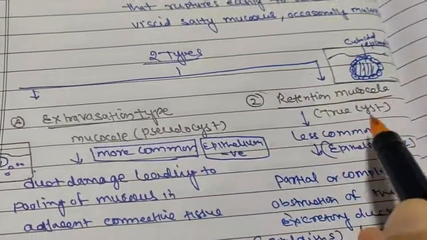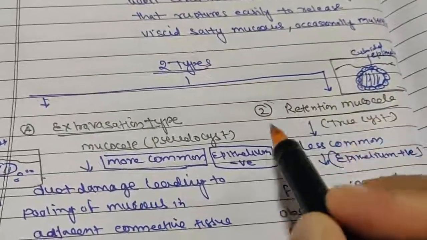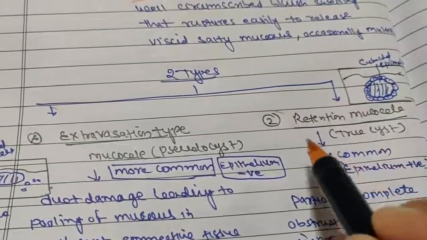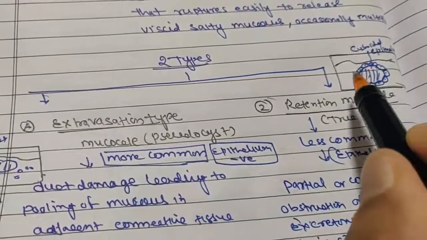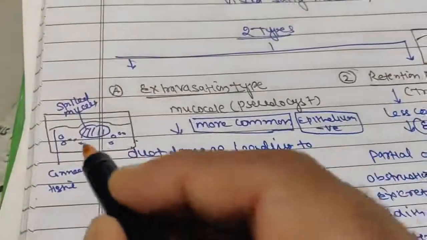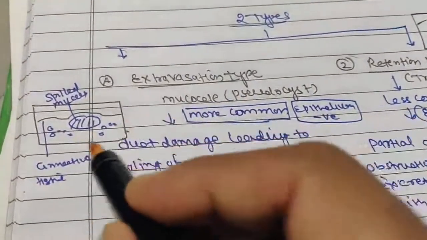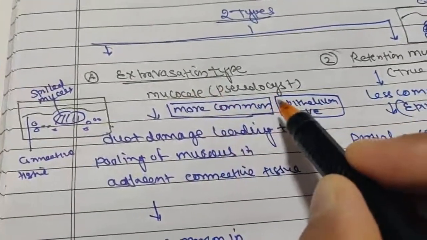But in retention mucocele, there is obstruction of the duct, leading to dilatation of the minor salivary gland and true cyst formation, with cuboidal epithelium in the cyst. In the pseudocyst there is no epithelium, so that's why it is the extravasation or pseudocyst type of mucocele.